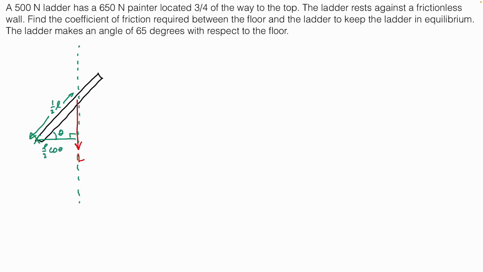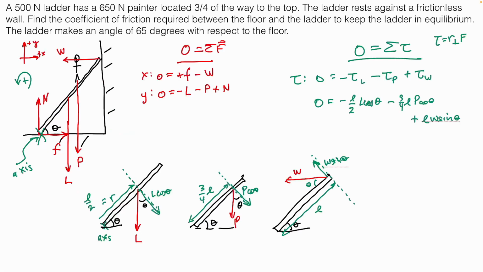So now, when I write down the torque for this, what distance do I put in? L over 2 cosine theta times, and what's the force? L. And what did we just get? Exactly the same thing, right? I didn't put the negative sign on because I'm not putting it in the torque equation.